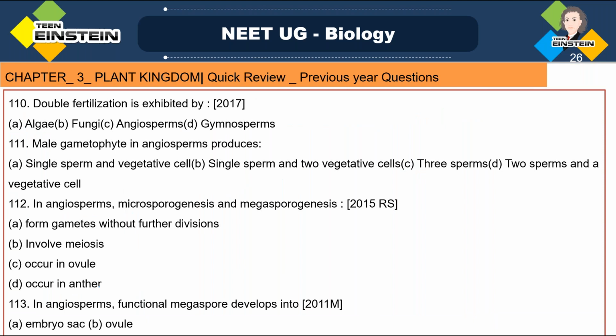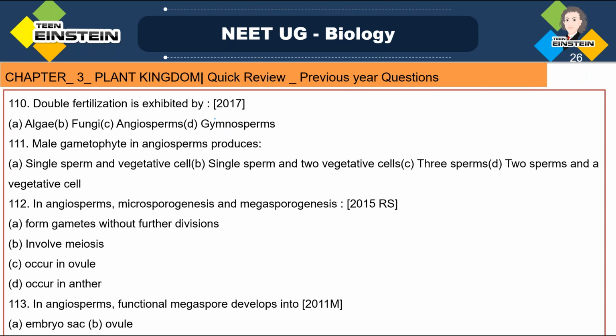Next question. Double fertilization is exhibited by: first option algae, second option fungi, third option angiosperms, and fourth option gymnosperms.